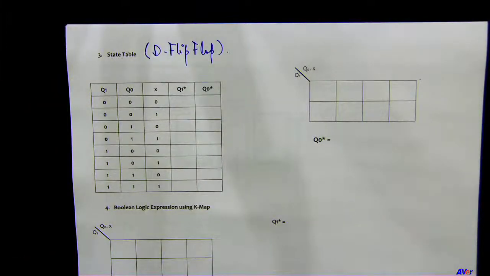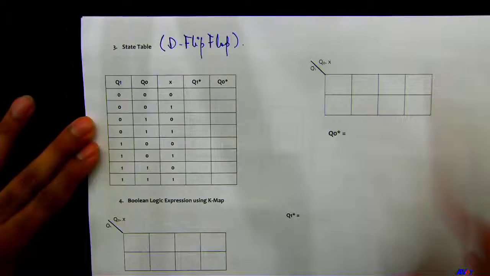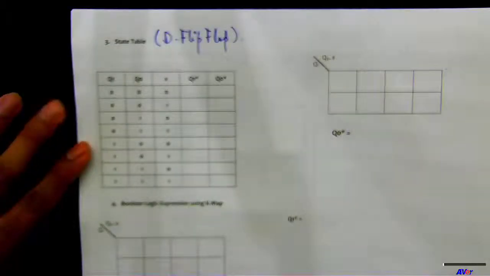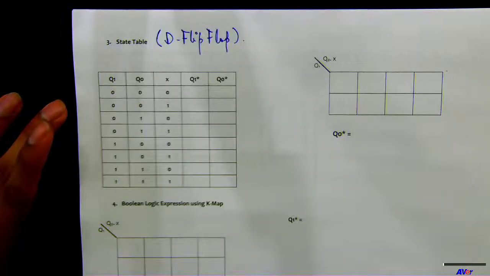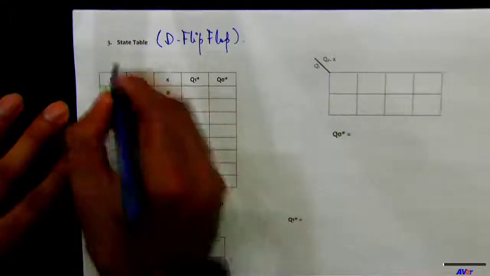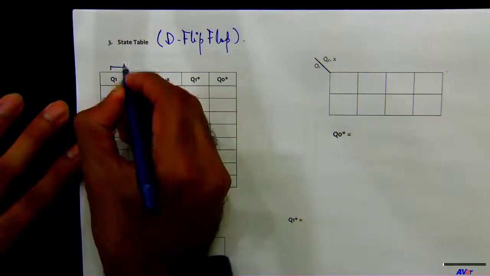Okay, so again, you got your, okay, so we know that in a state table we usually have present states right next to our inputs.